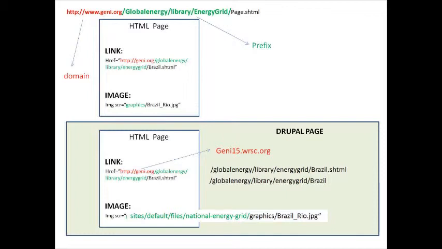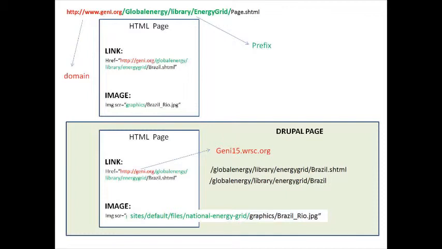So the old file folder graphics is going to become a Drupal file path, sites/default/files/national energy grid. Exactly. And how did we define that folder would be called national energy grid? Did we set that up beforehand, or did Drupal set that up? No, you have to define it.